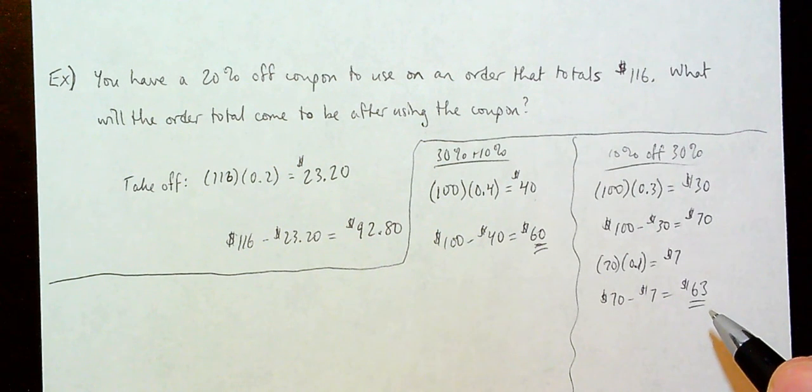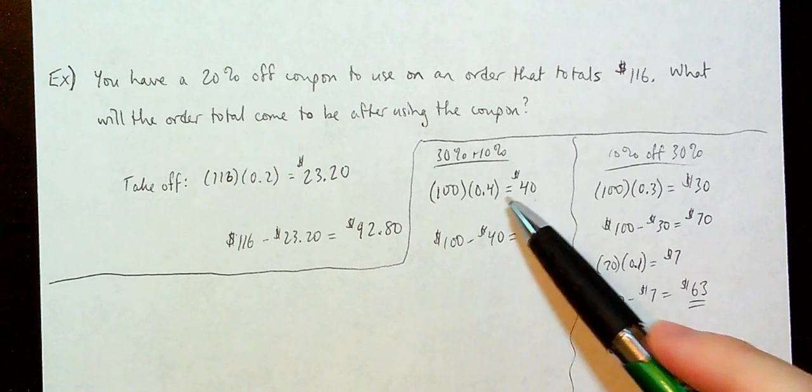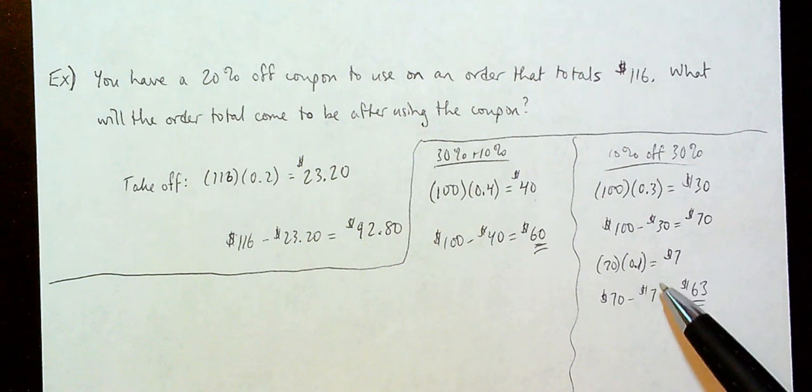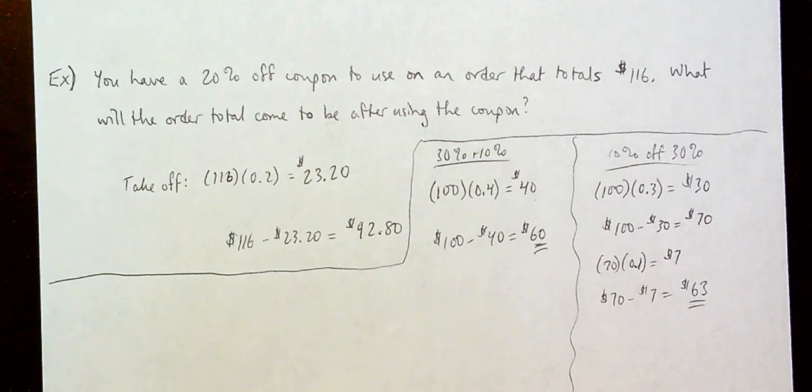So as you can see, we don't come up with the same prices. If I do the 10% off of the 30% reduced price, I'm going to have to pay just a few dollars more than if I took those 30 and 10% and added them to make 40.